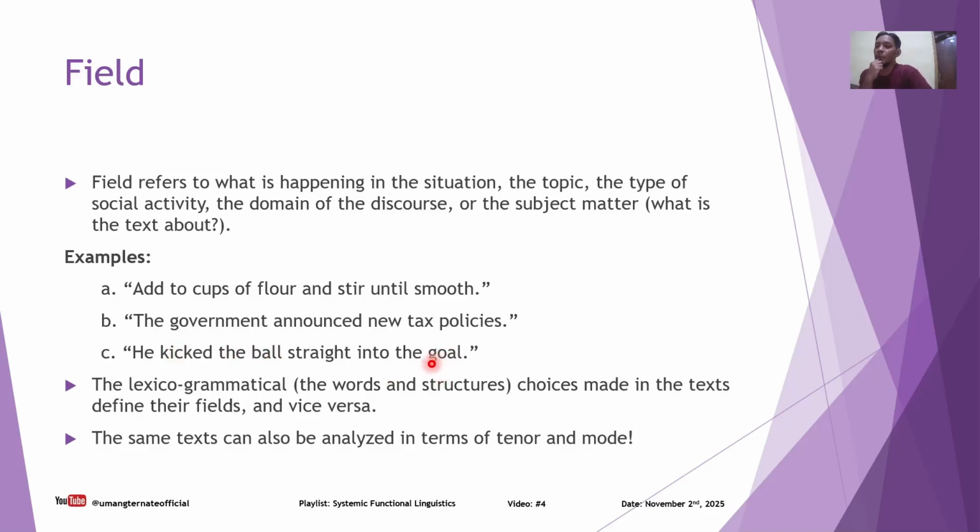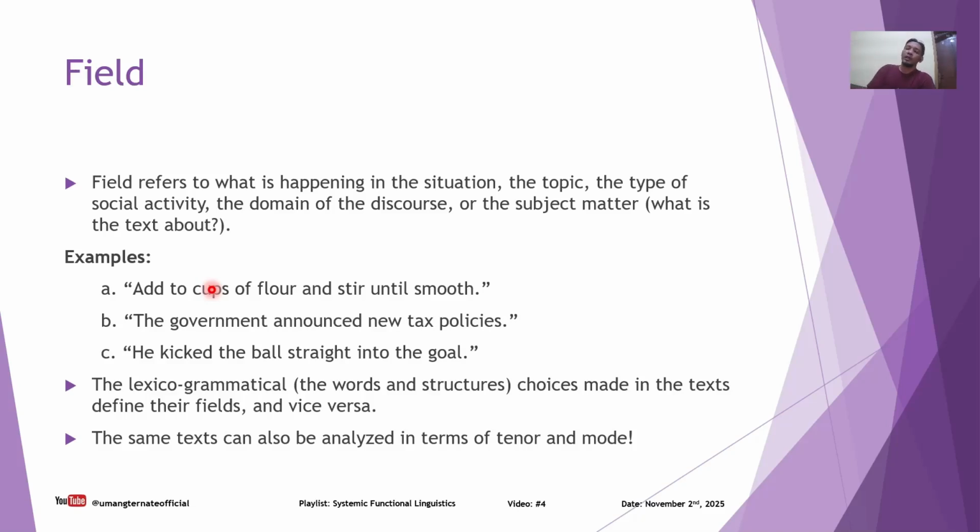So we can say that the lexicogrammatical choices, the words and structures made in the text, define their fields, and vice versa, of course. I mean, when talking about cooking, for example, words like flour, stir, cups, and so on and so forth cannot be easily replaced by other synonyms which are more suitable or appropriate in other contexts.